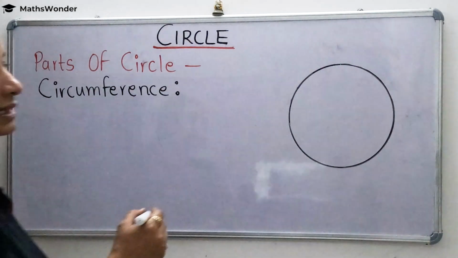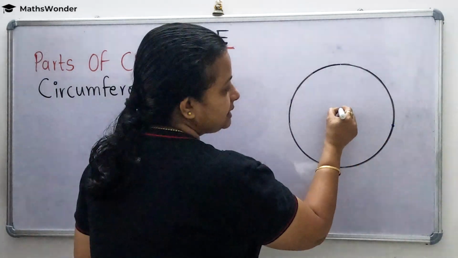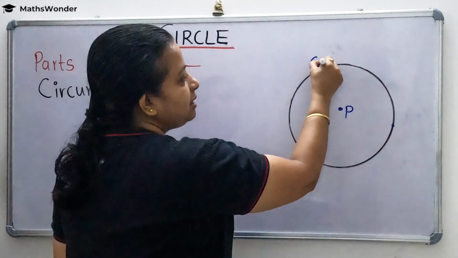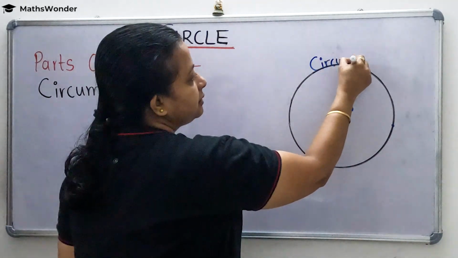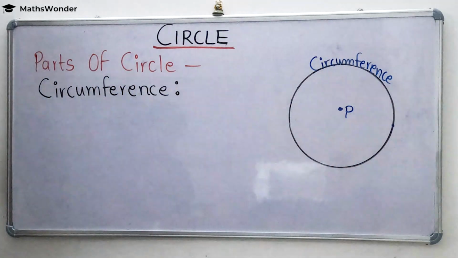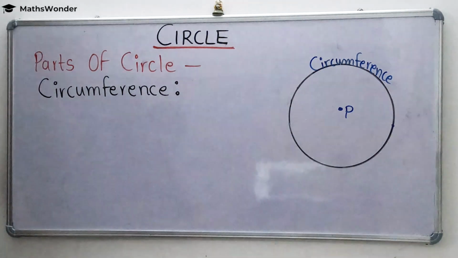Circumference means this is the center of the circle, and this is the circumference. The definition of circumference is the length of the boundary of the circle.